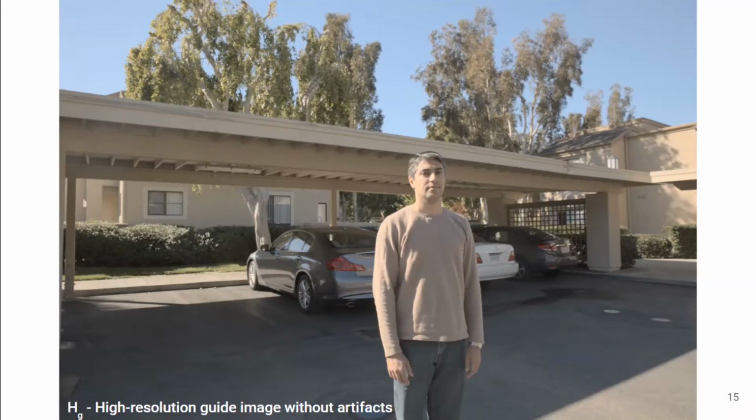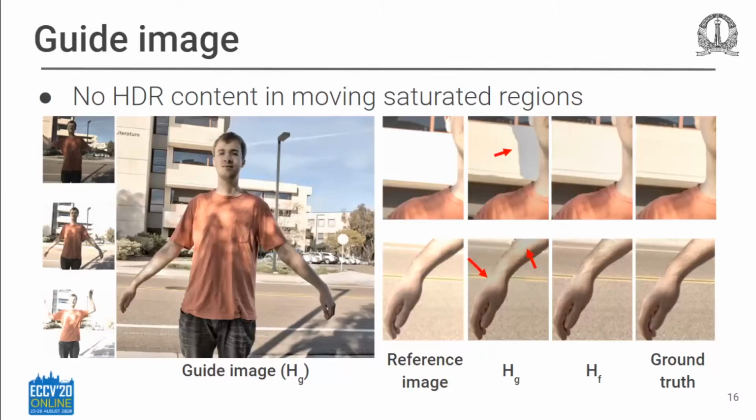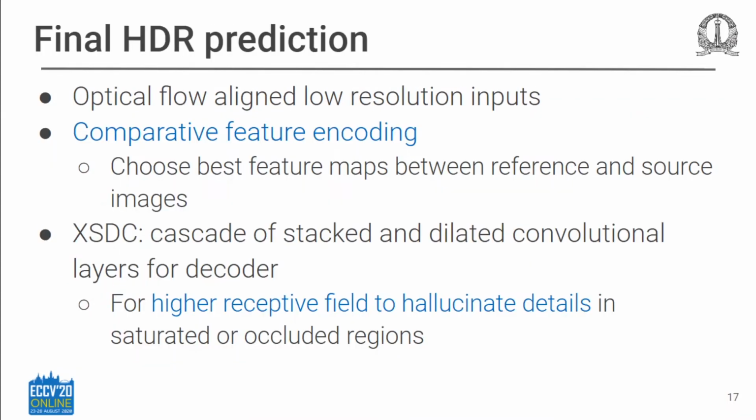It should be noted that throughout this process, both the inputs and the predictions of NMC and NG are in low resolution. Though the guide image does not contain any ghosting artifacts, it suffers from a lack of HDR content in the moving regions. As pointed out by the red arrows, the saturated moving regions do not have HDR content in the guide image, while the final result can hallucinate those details clearly.